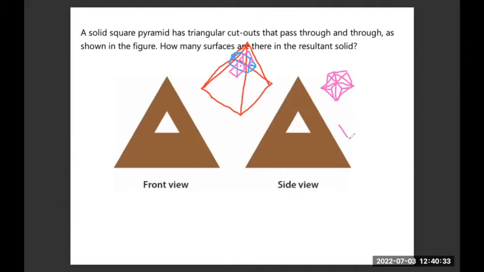So the center cutout will have a base, which is one surface. From that base, from the middle point there will be this surface which will be formed like a triangle like this. There will be another surface which will be formed like a triangle like this.